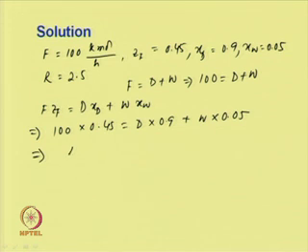So, 45 would be equal to 0.9 D plus 0.05 W.